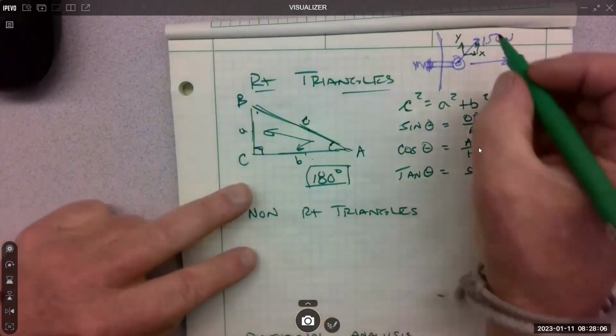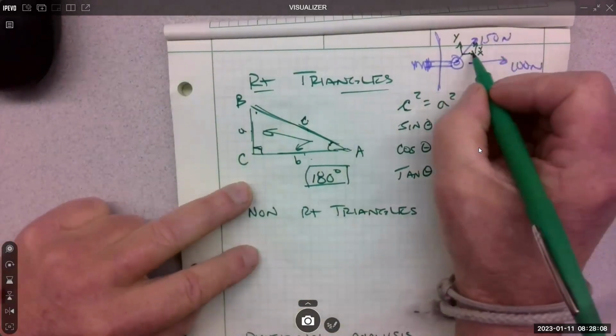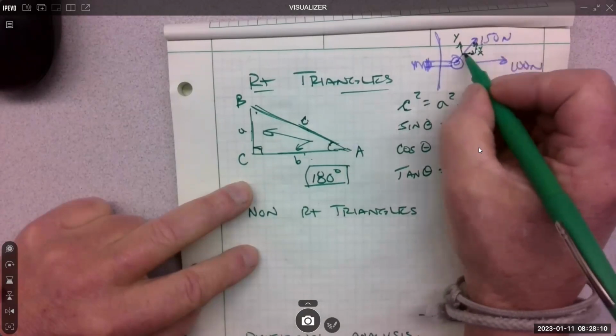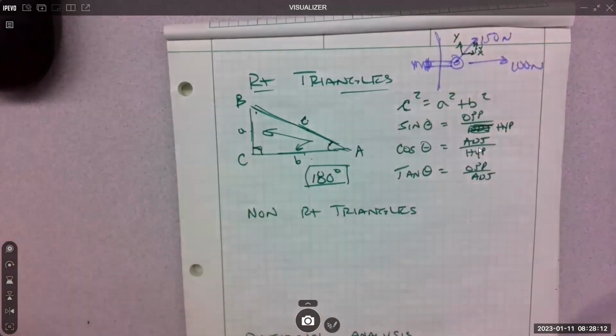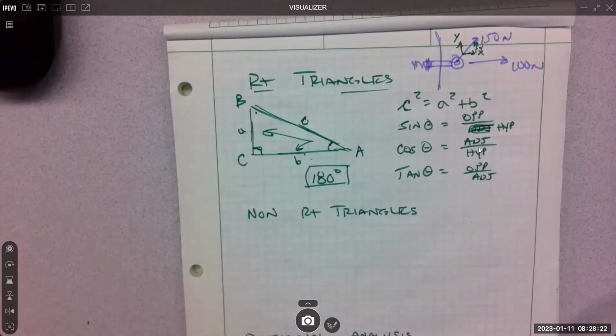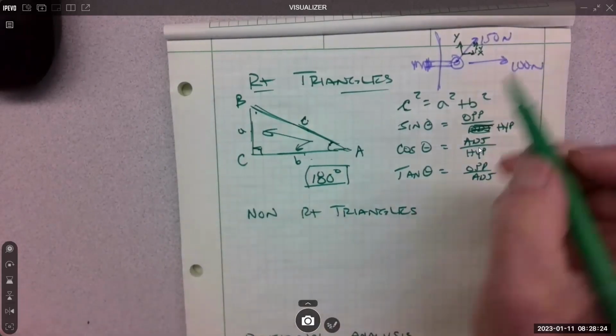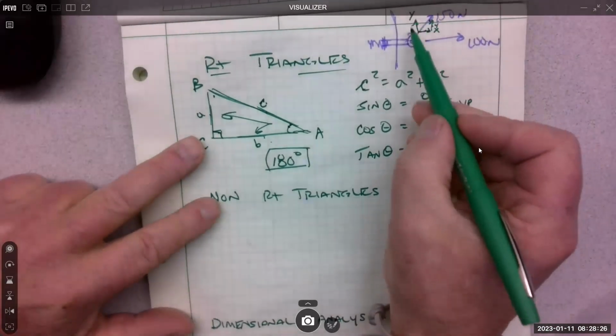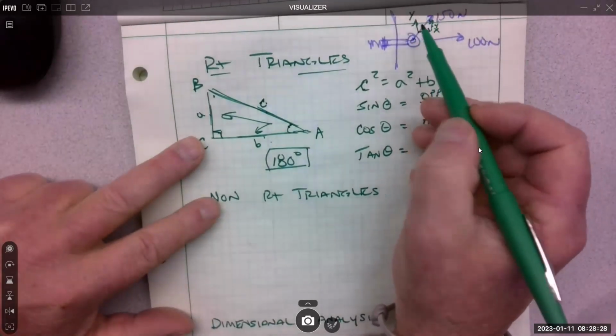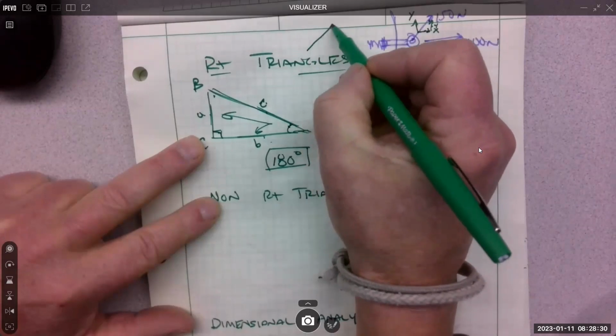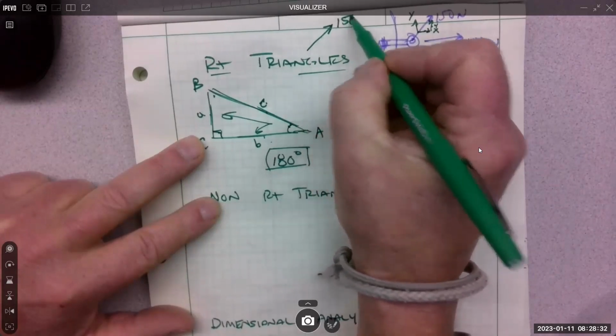Right? I put my little Y force over here. So I added my X to my Y, and the hypotenuse is 150. Right? This is like 2 chapters ahead. We learned trigonometry first, and then we're going to apply it later, but I'd like you to see where we're heading. So the triangle right there, that analysis turns out to be 150.